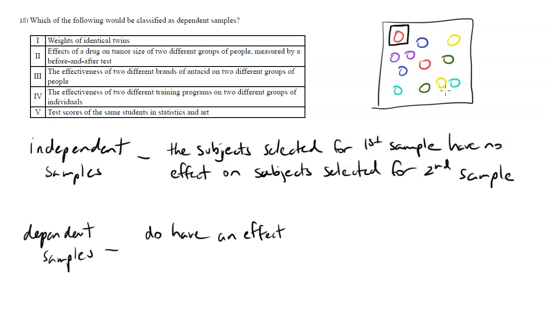Can I go back in and choose any other child? No, I'm restricted. I have to choose this child because I'm comparing the weights of identical twins. So when I choose this one child, I'm restricted for the next child that I choose. The subjects that I select for the first sample definitely have an effect on which subject I choose for the second sample. I have to choose this second child because I'm looking at identical twins. So this is dependent.